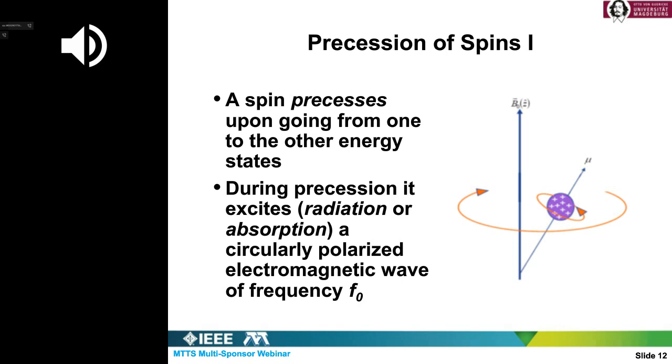So you must apply a circularly polarized magnetic field at the Larmor frequency in order to bring a certain particle from the lower energy state to the higher energy state. Now, if you stop this exposure, the thermal equilibrium will be restored, and the particles return to more lower energy than higher energy. But during this restoring of the thermal equilibrium, they also radiate a circularly polarized magnetic field at the Larmor frequency.